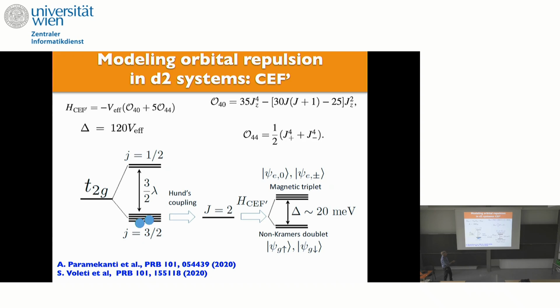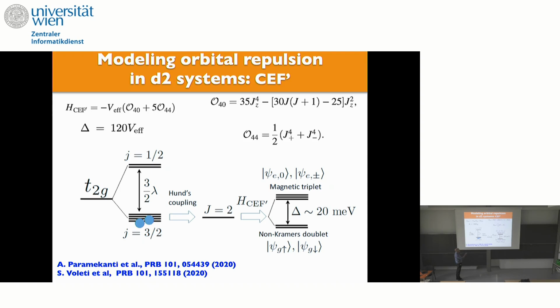So this CEF prime is actually this general form of the residual, if you like, crystal field written in terms of these Stevens equivalent operators. And depending on the sign of the B effective out front, it would split the 5 levels into, in this case, a non-Kramers doublet with some sort of a gap, and then a magnetic triplet on top.